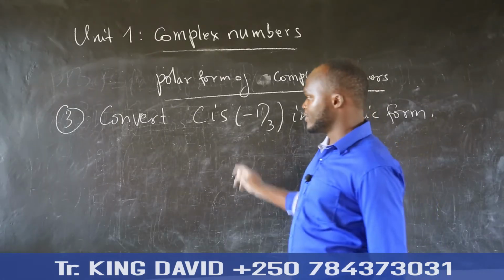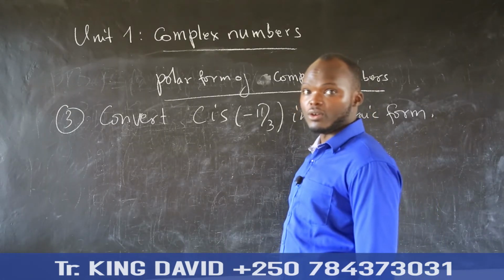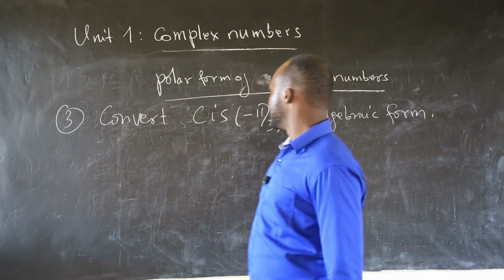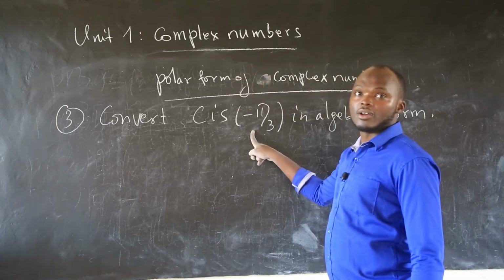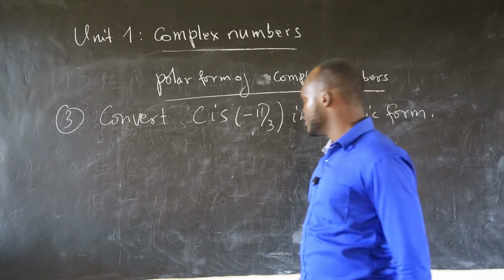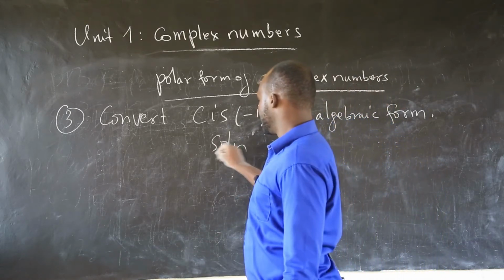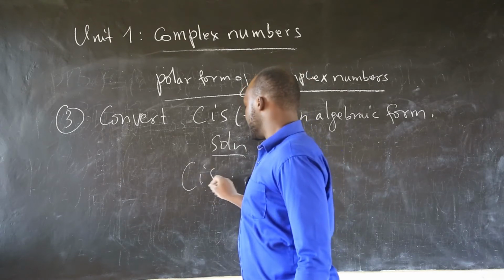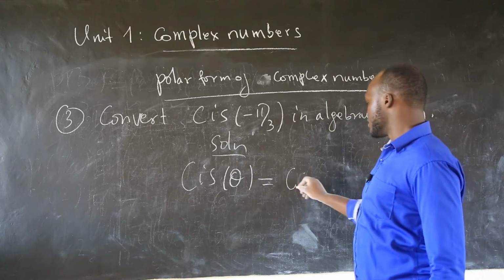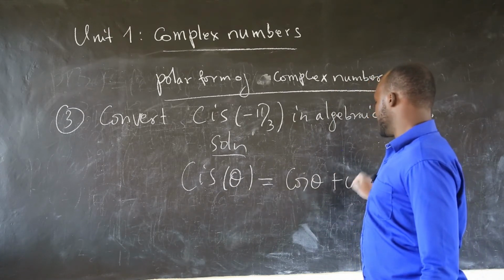Now let us go to see how we can multiply. First let's do number 3 before we see multiplication and division. Convert CIS of negative pi over 3 to algebraic form. CIS of angle is the same as cos angle plus I sin angle.